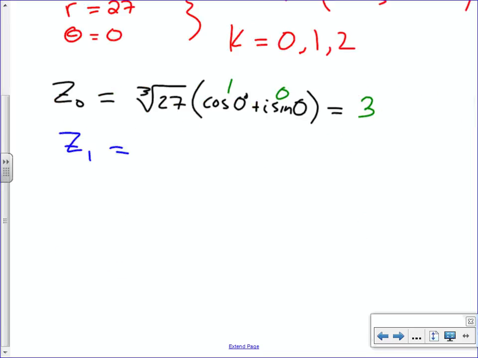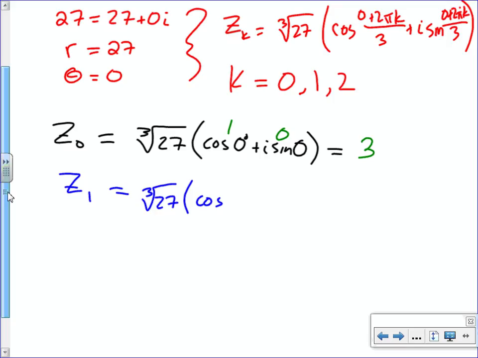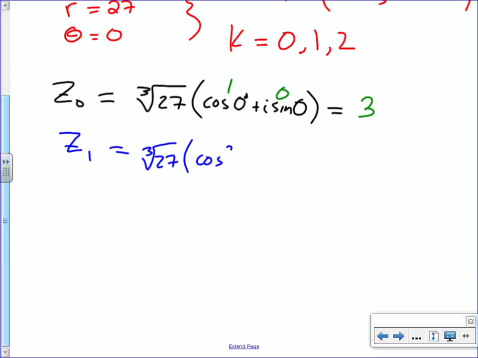Find the other roots. Cube root of 27 times cosine of, all right, what is it? It's just 2 pi over 3, plus I sine 2 pi over 3. Cosine of 2 pi over 3 is negative 1 half.